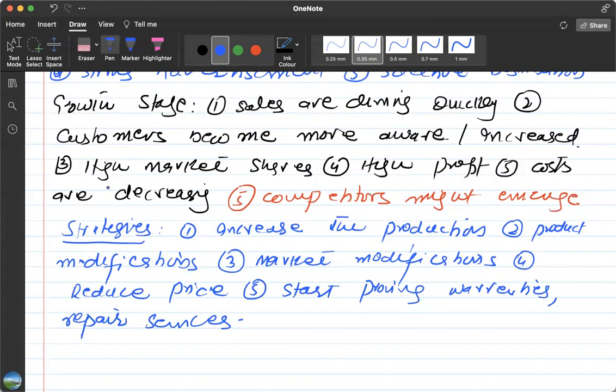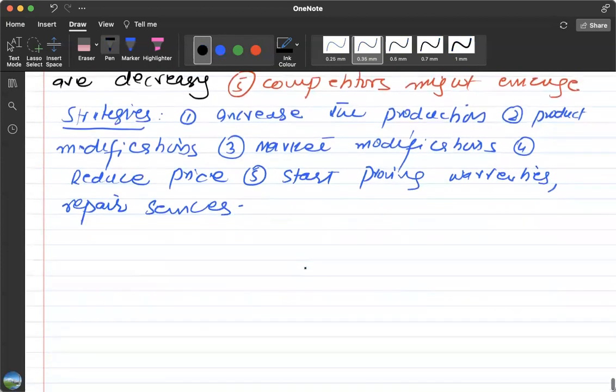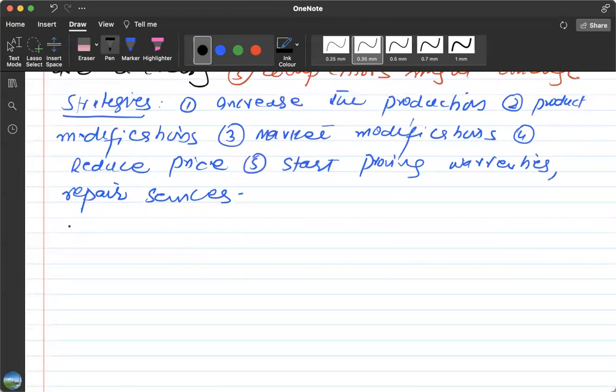Now, here comes the maturity stage. Maturity means the product has achieved almost all possible sales in the market. Every possible consumer is buying the product now, and an increase in sales growth is not possible. What is the situation of the product at the maturity stage?